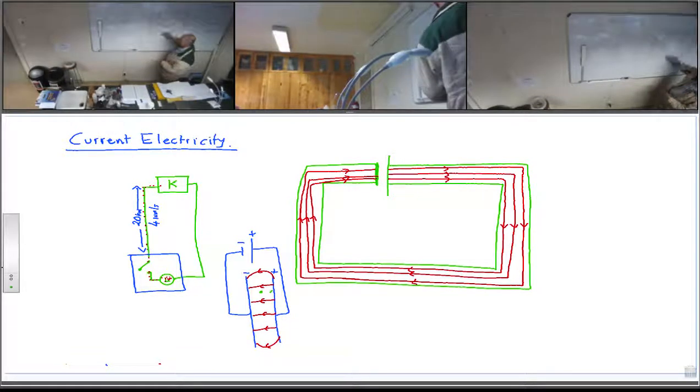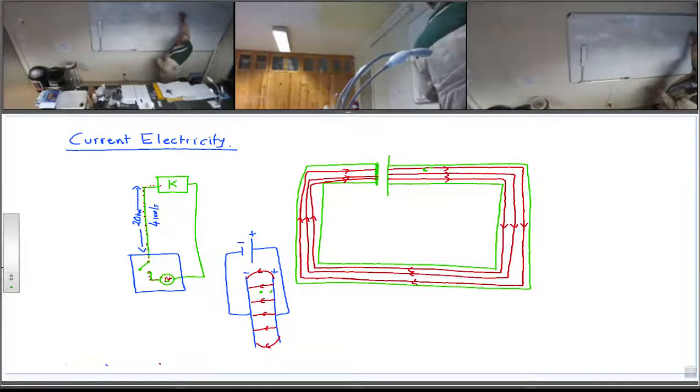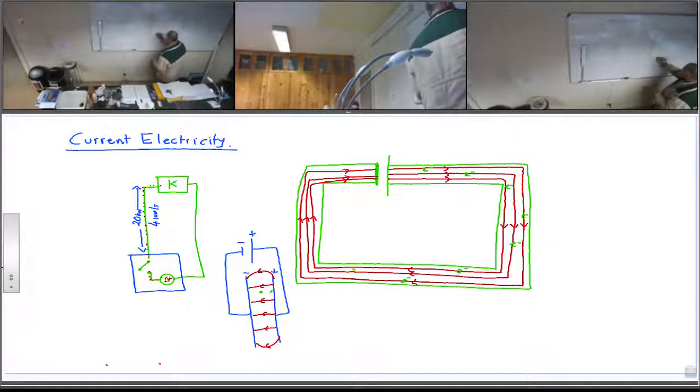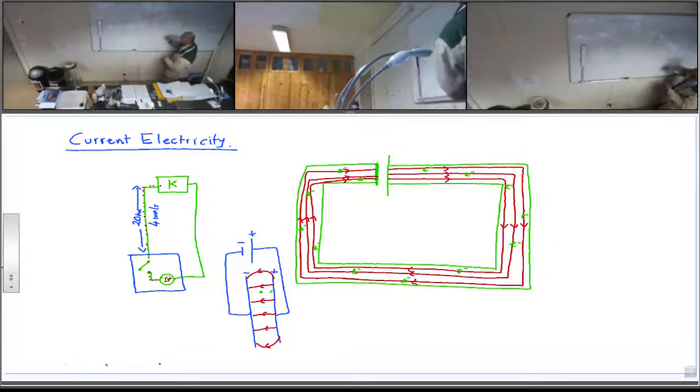The same applies here. This copper wire is filled with what? Negative electrons all over the show. I'm just going to draw a few of them. And even if I had a lamp here, they would even be in that lamp.